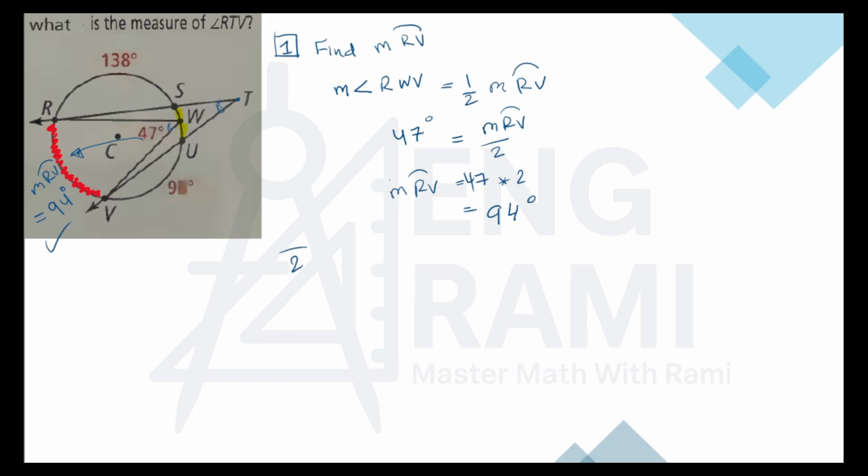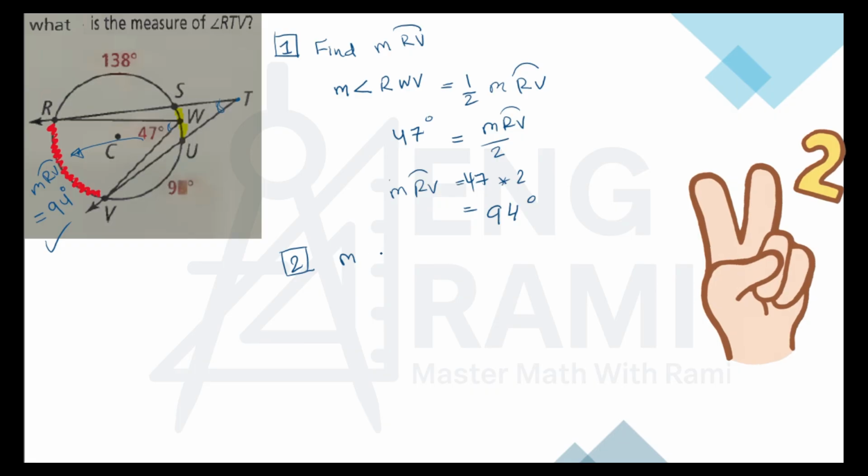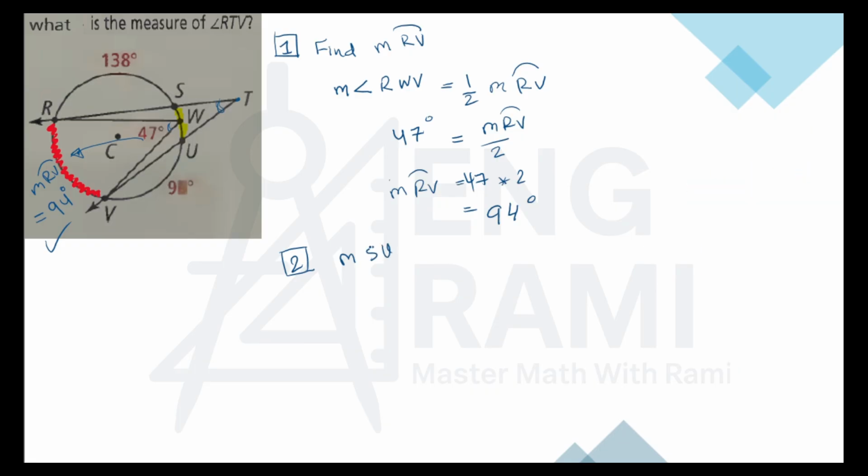The second requirement is the measure of arc SU. We can do that by subtracting: 360 minus this arc, which is 138 degrees, minus this arc, which we found was 94, minus this arc, which is 98. Then the measure of arc SU equals 30 degrees.